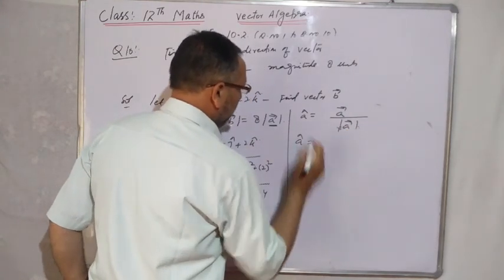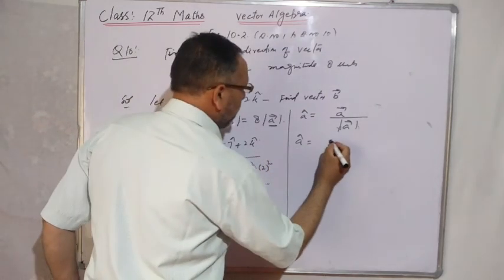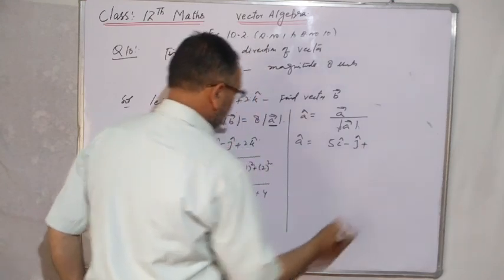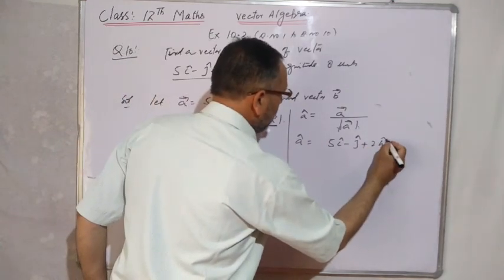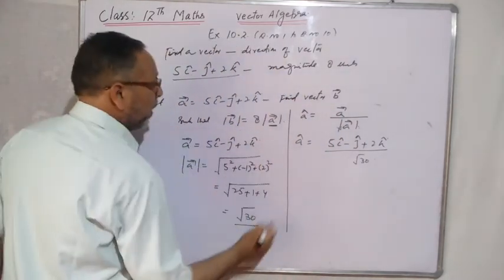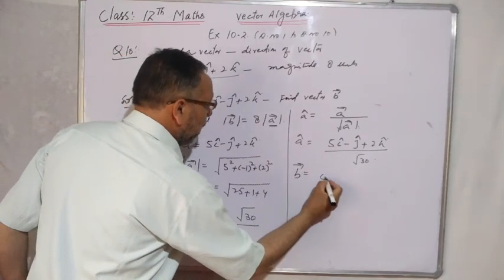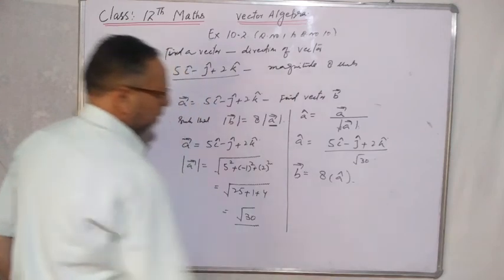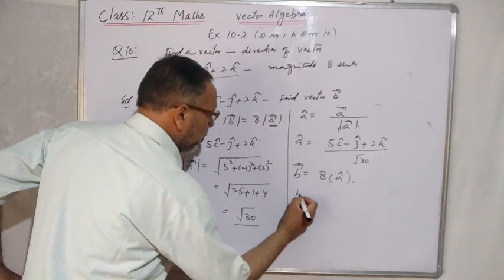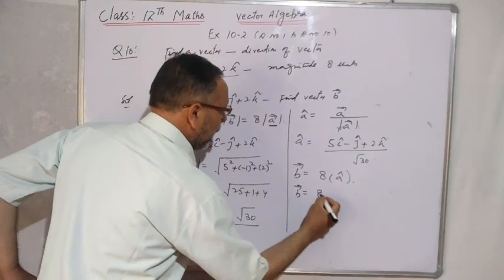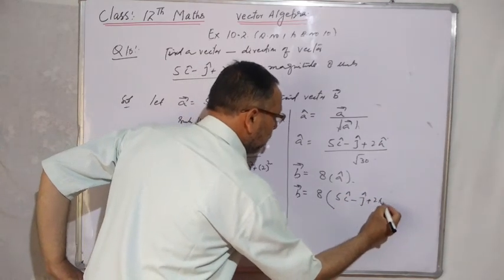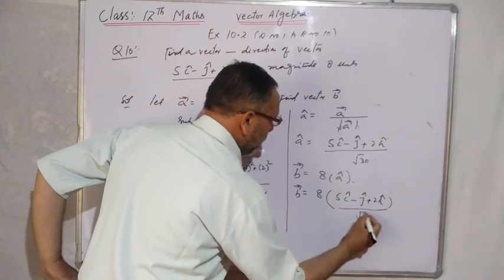So A cap is equal to 5 i cap minus j cap plus 2 k cap divided by root 30. Now we have to find vector B. Vector B is 8 times the unit vector of A. So it is 8 times 5 i cap minus j cap plus 2 k cap over root 30.